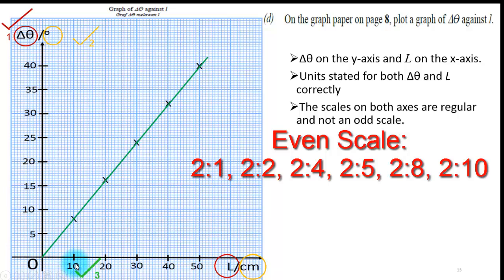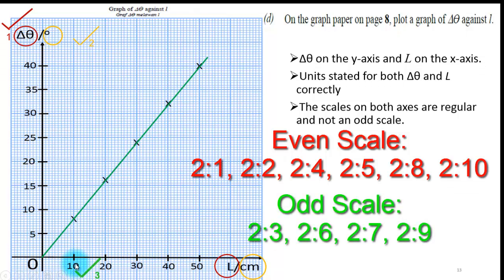That will be an even scale. If you are using 4, 8, 12, that is also considered an even scale. But if you are using 3, 6, 9, or maybe 7, 14, 21, or 9, 18, 27, that will be known as an odd scale. So make sure you don't use an odd scale, avoid that. So this is the third tick just now.